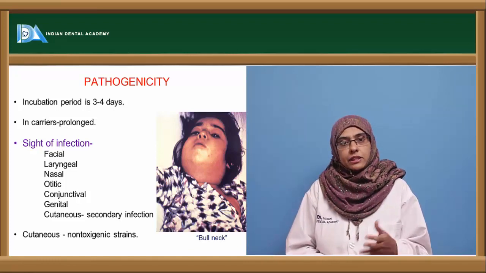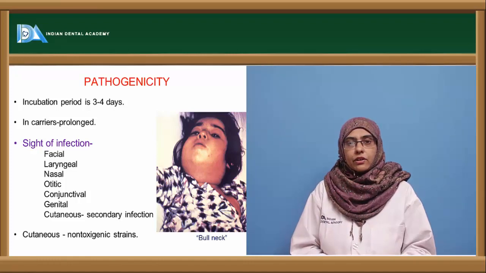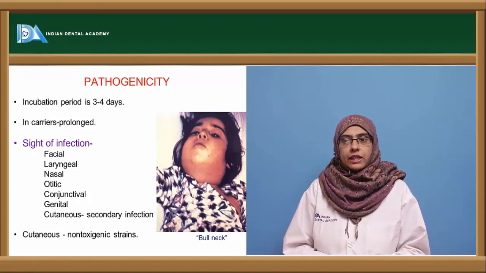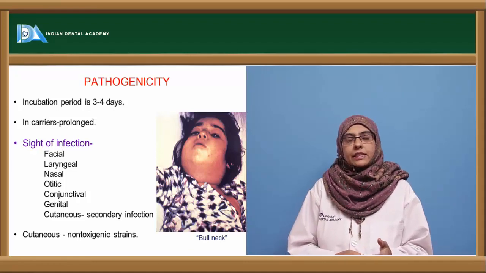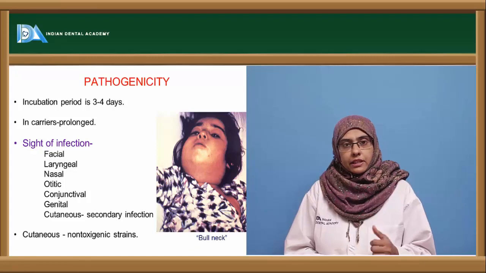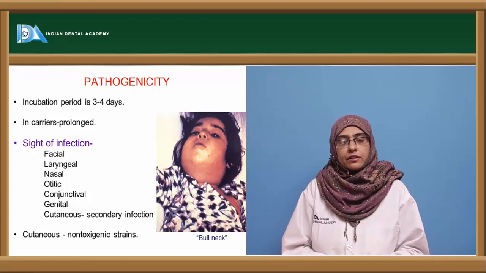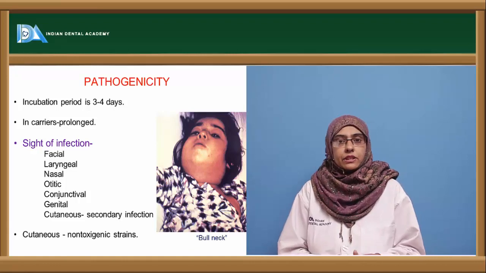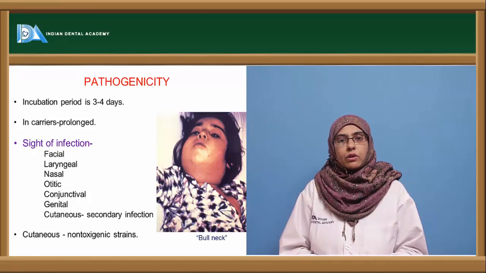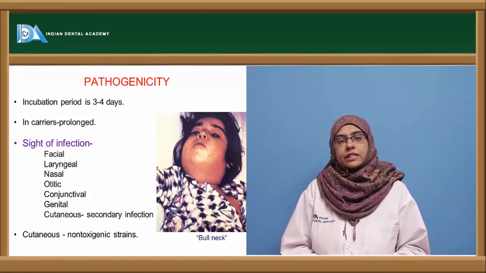In carriers, the incubation period can be longer. The sites of infection are usually the facial, laryngeal, nasal, otitic, conjunctival and genital, and it can also cause cutaneous infection. But the cutaneous infection is said to be a secondary infection, established on a pre-existing infection, and it is able to cause white low ulcers in the patients. Mostly cutaneous infections are caused by non-toxigenic strains.